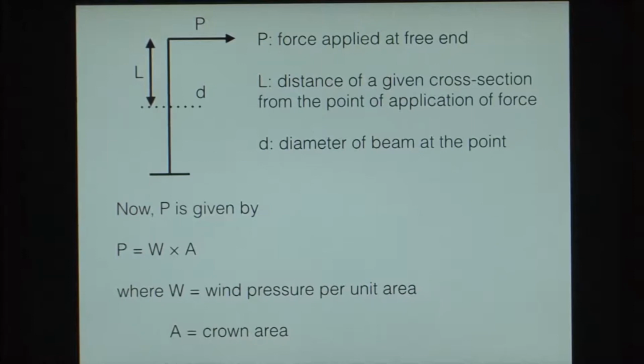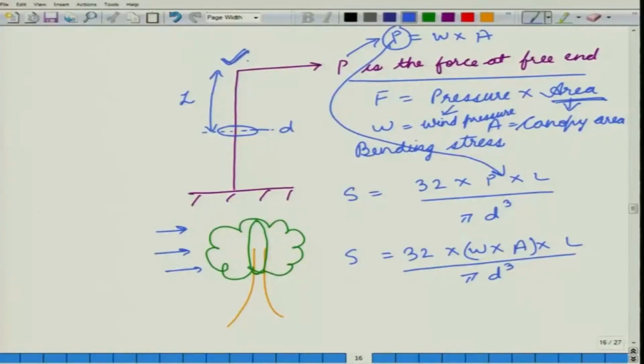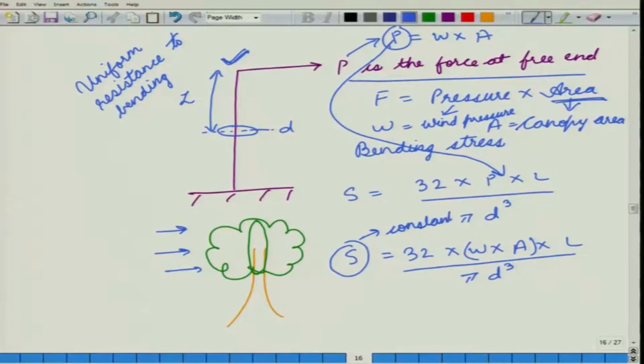Now, since we have considered this cantilever beam to be a beam of uniform resistance to bending, we can say that this S is constant throughout the beam.